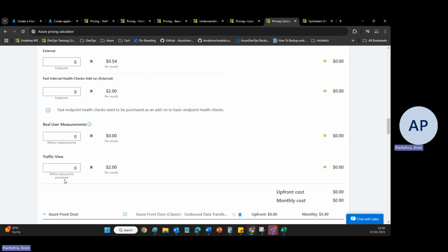Million data points processed. Like if I say 1,000, it's very expensive, right? 100 for $2, $2 per month. It's 100 million data points processed. Traffic View. Okay. In Traffic Manager we have this option as pay, and we can use that.